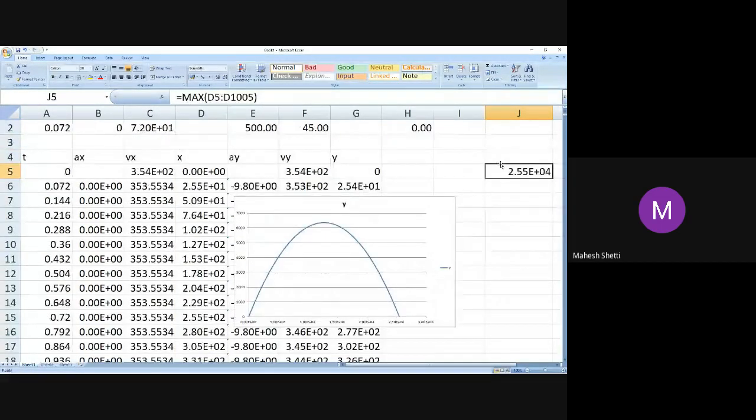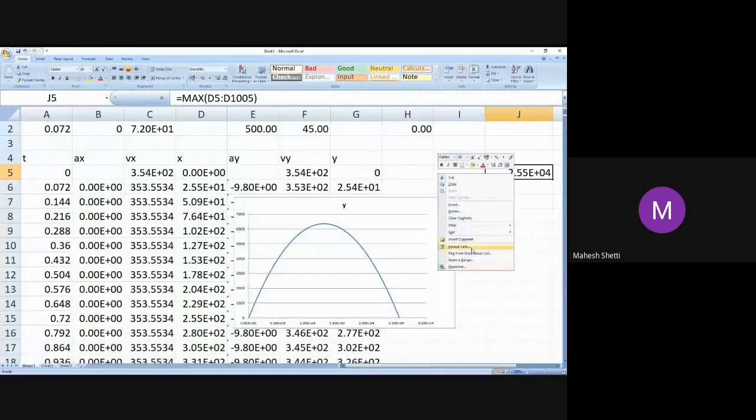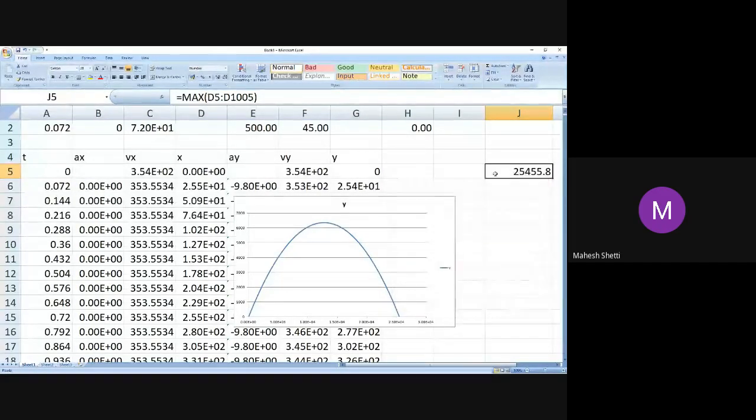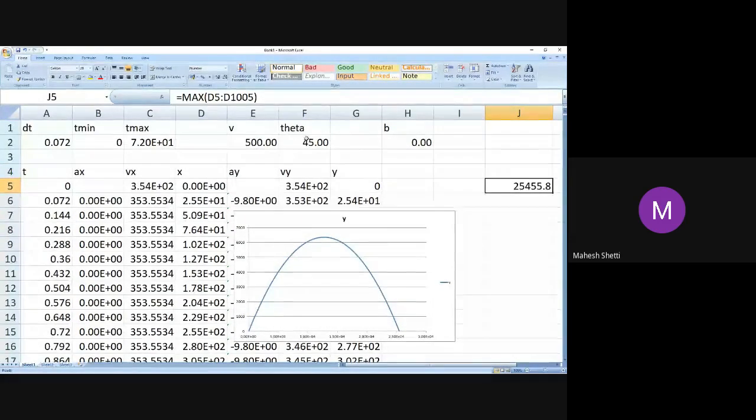And let me change the format so it is better readable for low values. So you see 25 kilometers. The projectile is moving. The initial velocity was given as 500 meters per second, and it moves 25 kilometers.